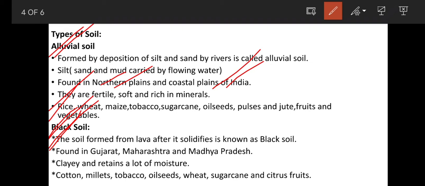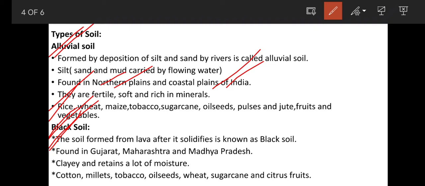Means due to volcanic eruption, when volcanoes occur, the magma comes out to the surface of the earth as lava in liquid form, and it changes into solid, and it is formed as black soil. So the soil which is formed from lava after it solidifies, means what do you mean by solidifies? It changes into solid form from liquid, is known as black soil.